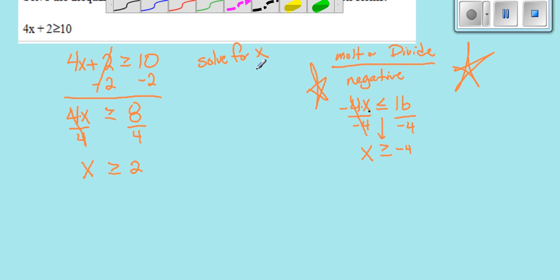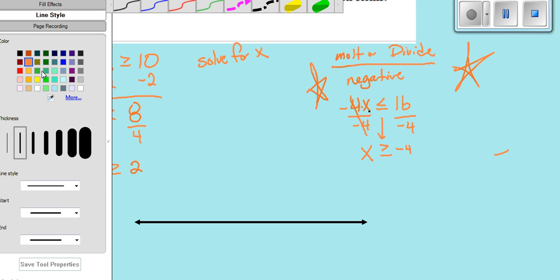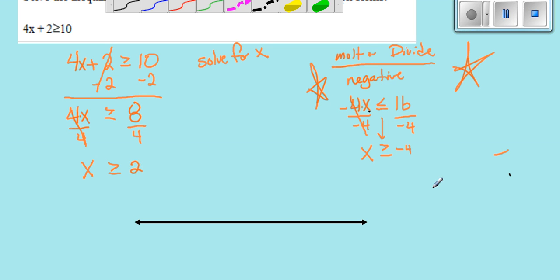A couple things to keep in mind when I start graphing.